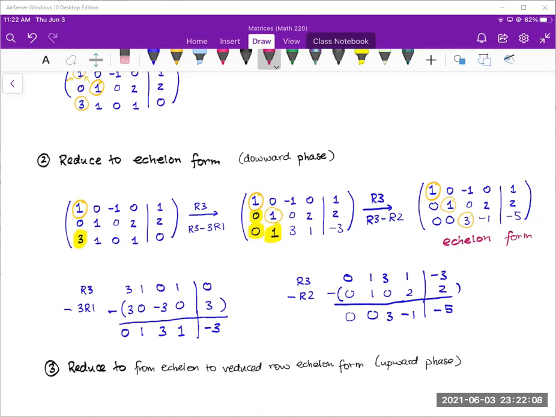What we're going to do next is go from the echelon form to the reduced row echelon form. In the reduced row echelon form, we want all of our leading entries to be equal to 1. And we want each leading entry to be the only non-zero term in its column. So what that means is that our variable is only going to appear in just a single equation.